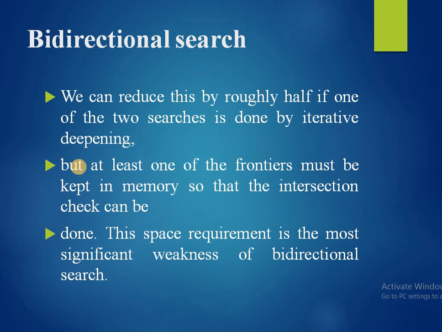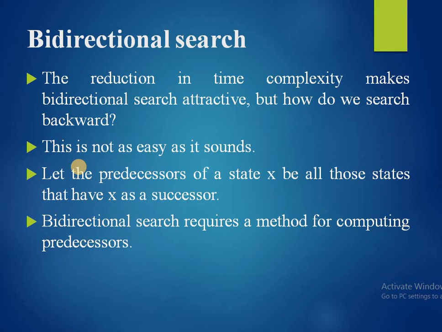But at least one of the frontiers must be kept in memory so that the intersection check can be done. This space requirement is the most significant weakness of bidirectional search. The reduction in time complexity makes bidirectional search attractive.